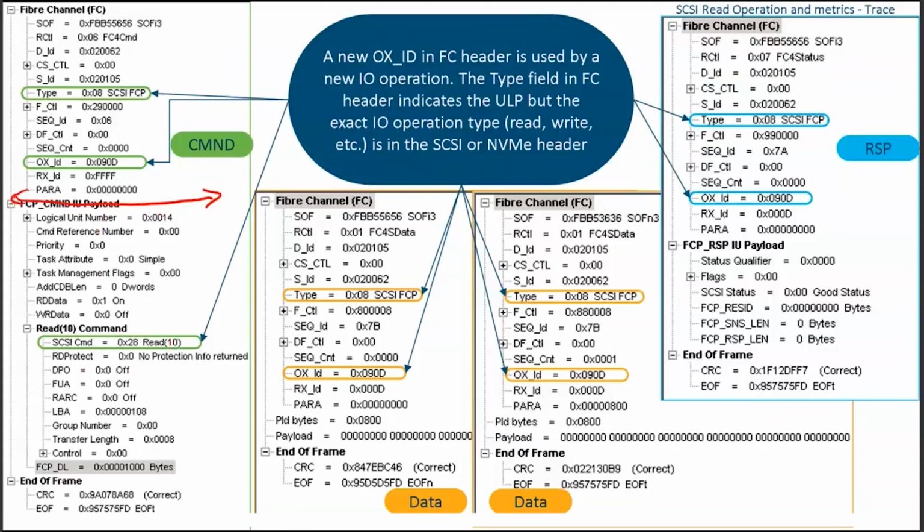But for analytics, once we know the type, if we want to detect what kind of transaction it is, whether a read or a write, that information is only available deep within the header. So if you go beyond, there's a SCSI command field with the value of hex 28.